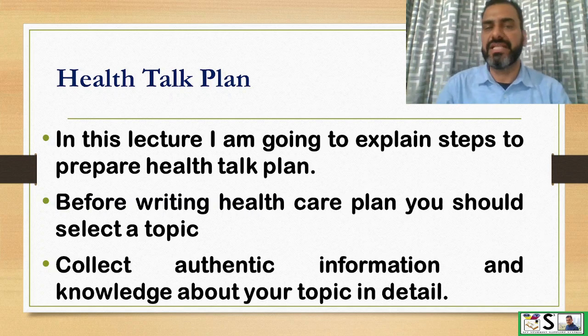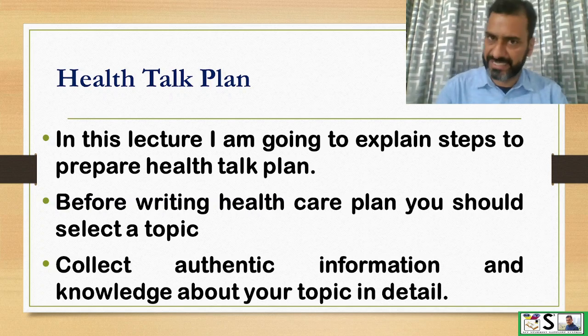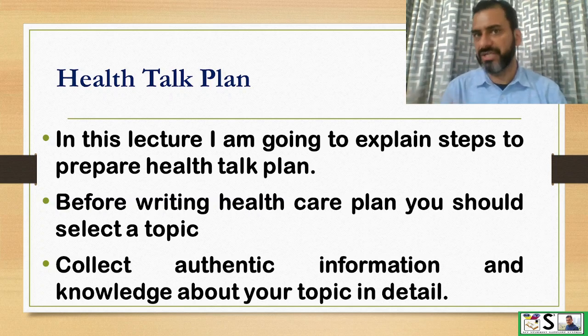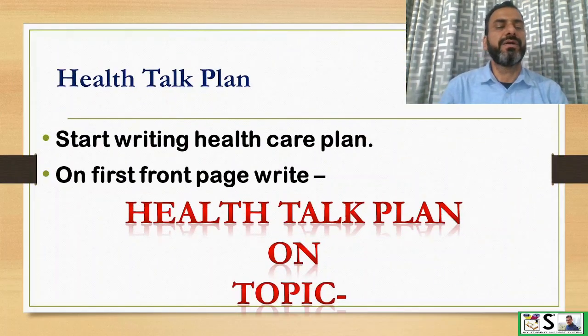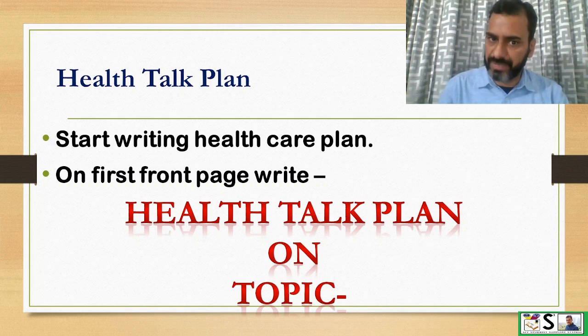Before writing the health talk plan, you should select a topic, or you will be given a topic. Collect authentic information and knowledge about the topic in detail. You should give facts. Then start writing the health talk plan.